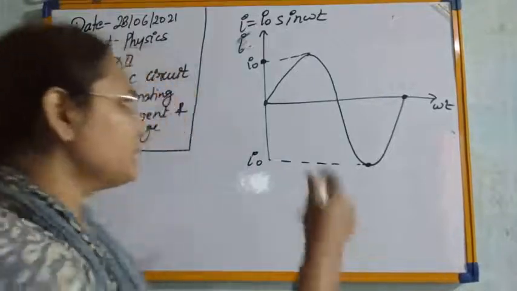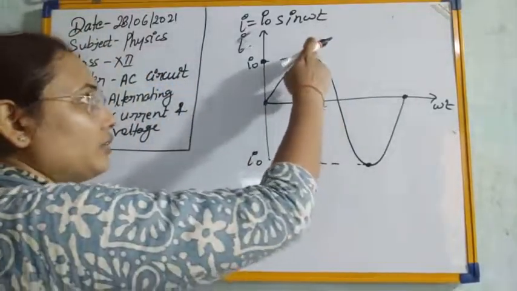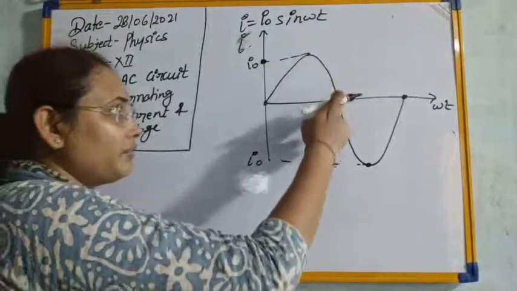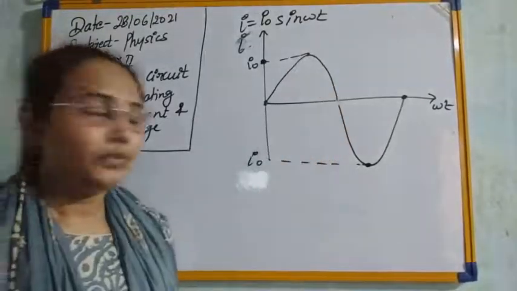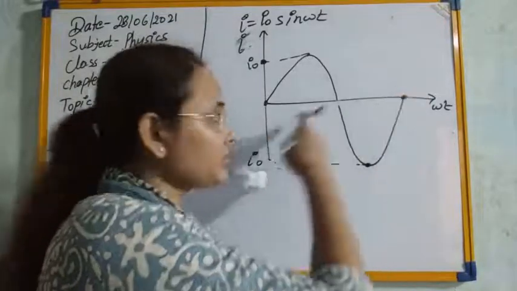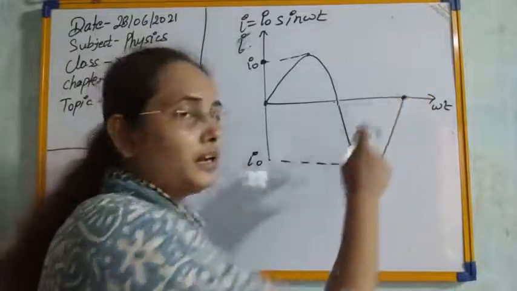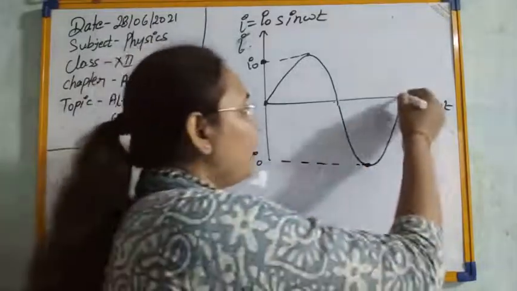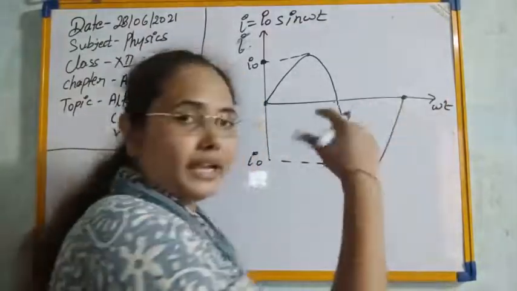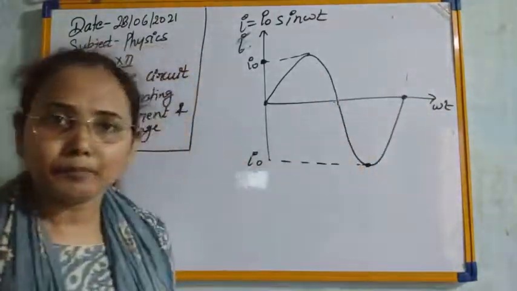In the graph, from here to here we have the 90 degree period, then we get 180, then this point is 270, then this point is 360. At 360 degrees it again reaches its initial position, and if it starts rotating again, we get the same cycle as we made here.